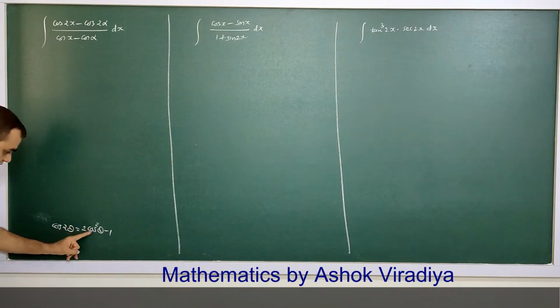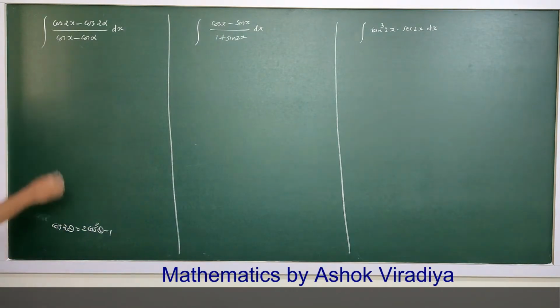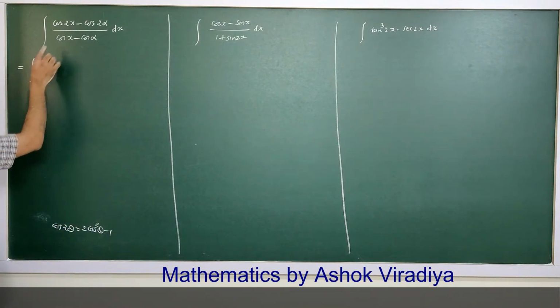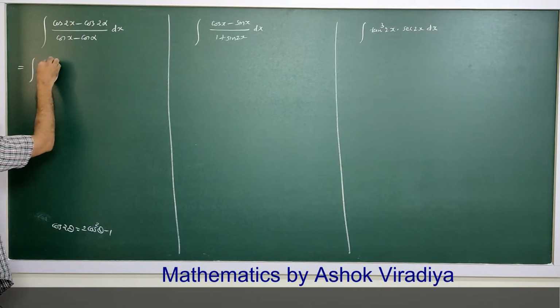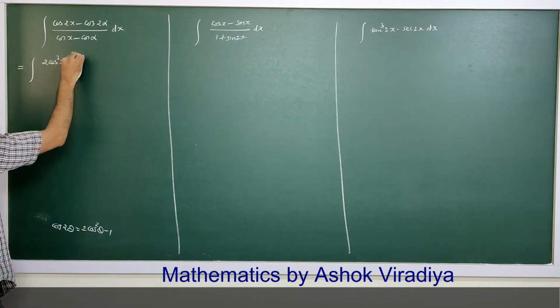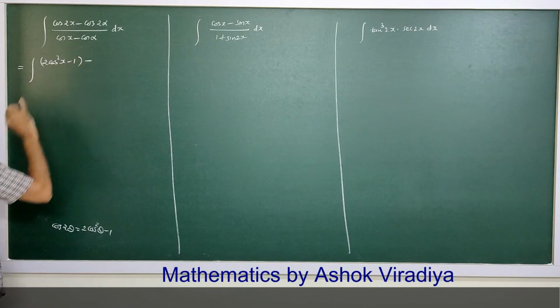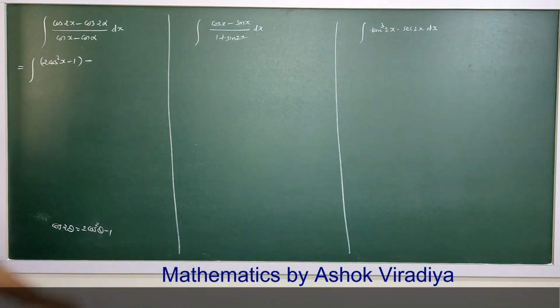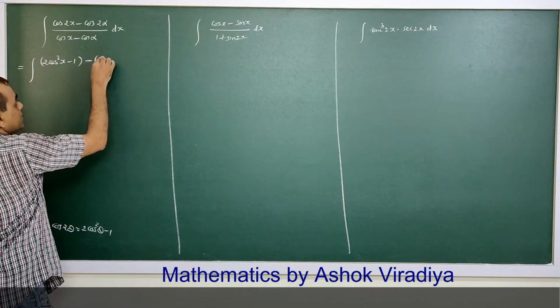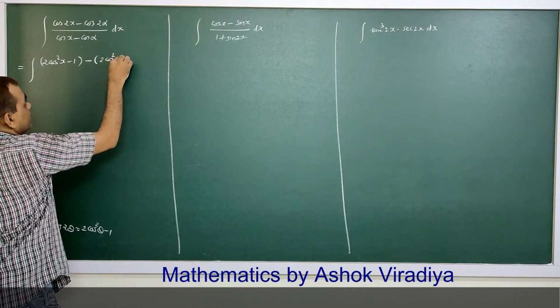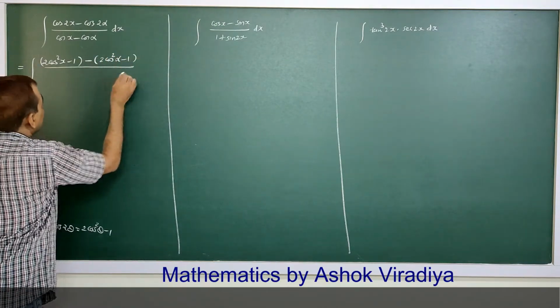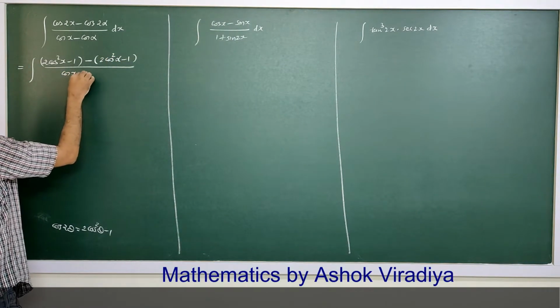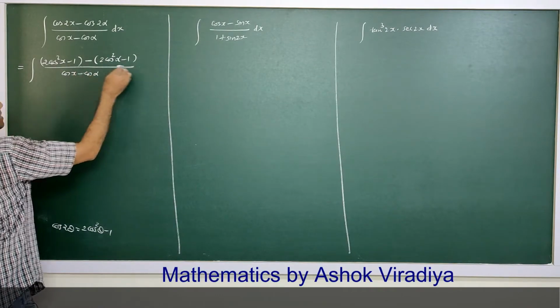So here cos 2x is 2 cos square x minus 1, minus again cos 2 alpha is 2 cos square alpha minus 1, upon cos x minus cos alpha, keep as it is.